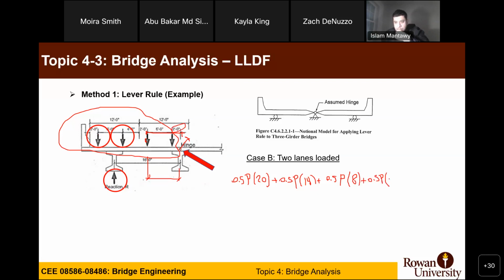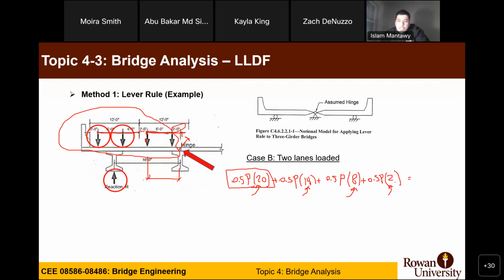Did you notice when you start at 20, you always decrease by 6? Right, because the distance between the wheels is 6. So if you want to solve it very fast, you just look at the first one and keep adding 0.5 P times the same distance minus 6, minus 6, minus 6, correct?